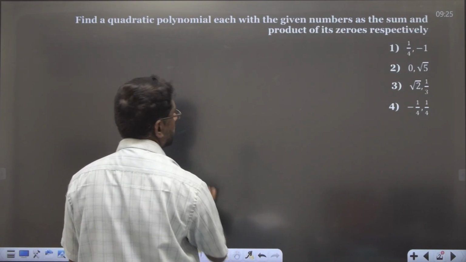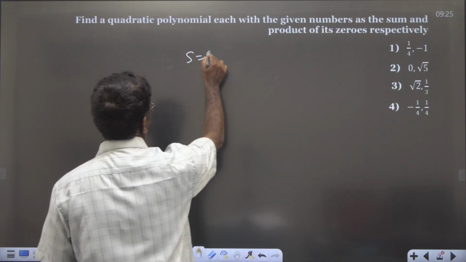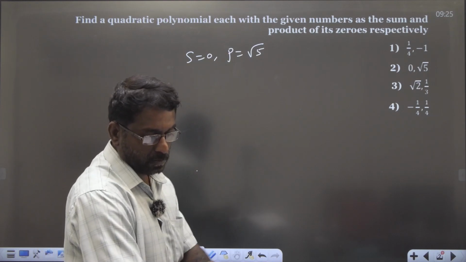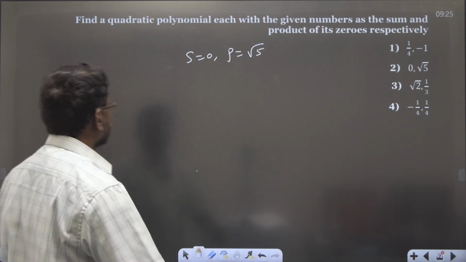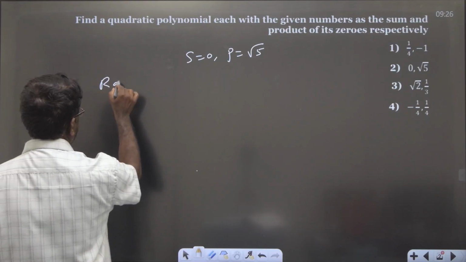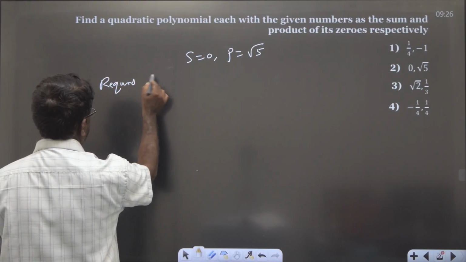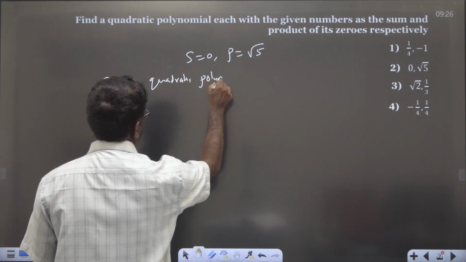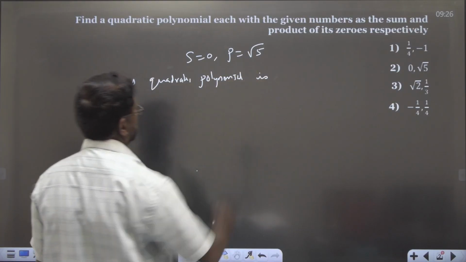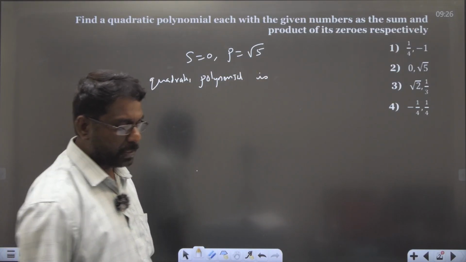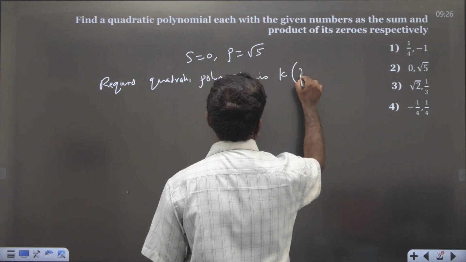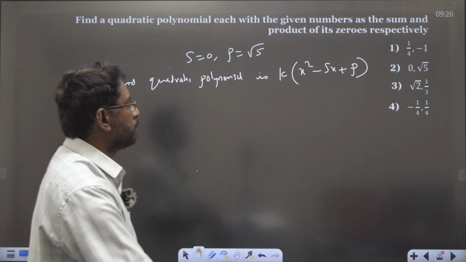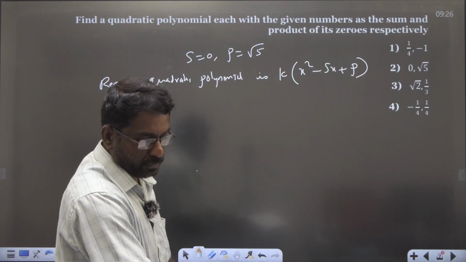In the second question, s equal to 0, p equal to root 5. Then the required quadratic polynomial is, what is the formula? k into x square minus sx plus p. s means sum of the zeros, p means product of the zeros.